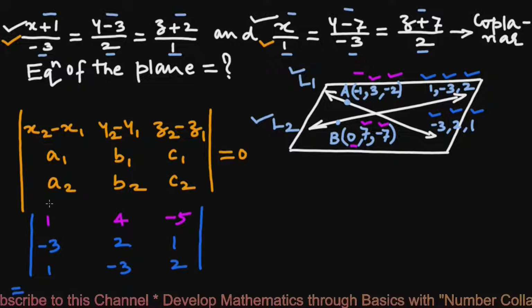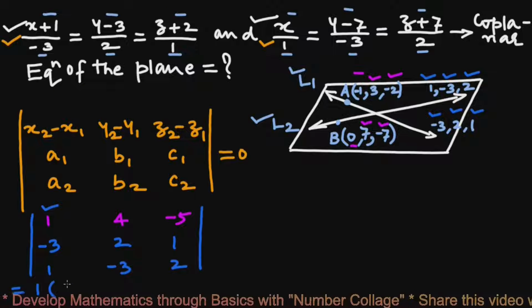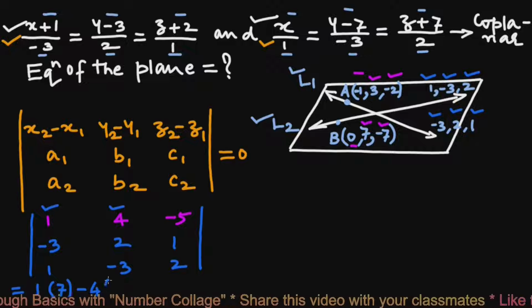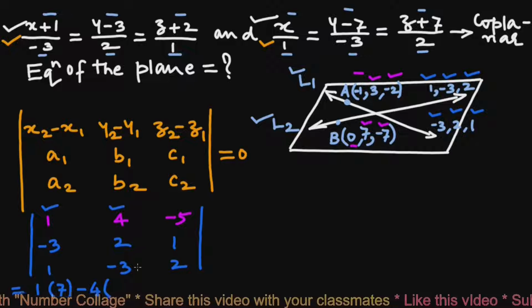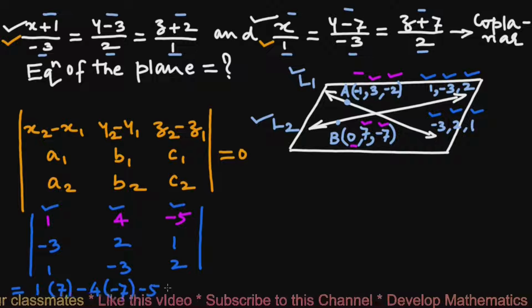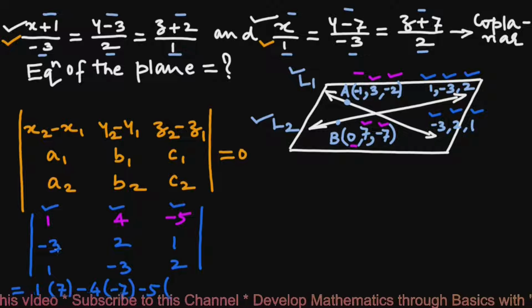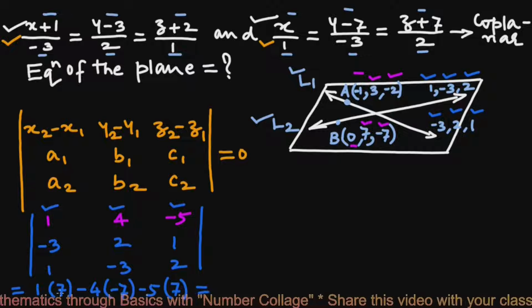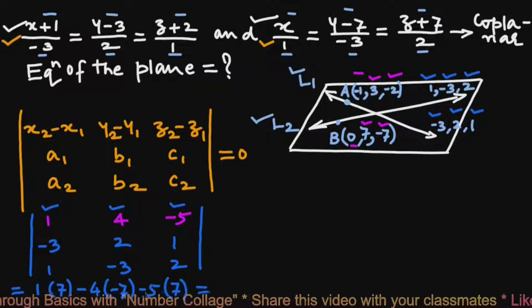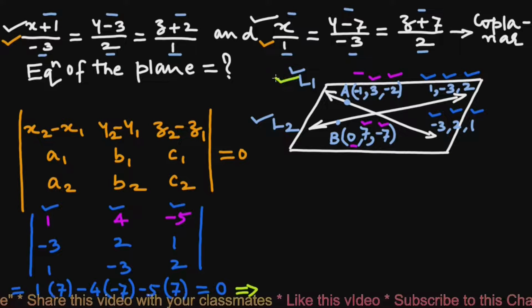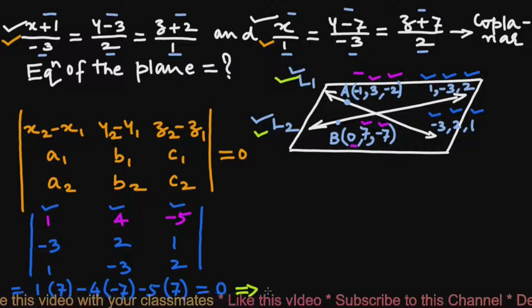This will be equal to 1 into (4 + 3), that is 7, minus 4 into (-6 - 1), that is 28, plus (-5) into (9 - 2), that is -35. So this will be 7 + 28 = 35, 35 - 35 = 0, which implies lines L1 and L2 are coplanar.